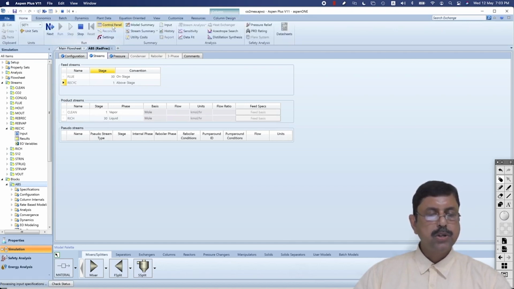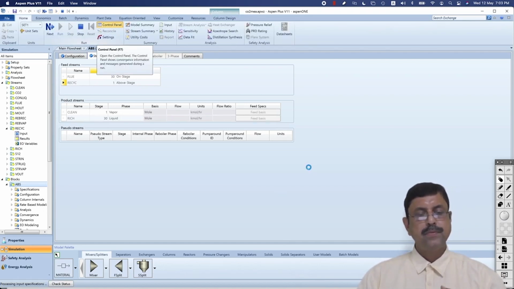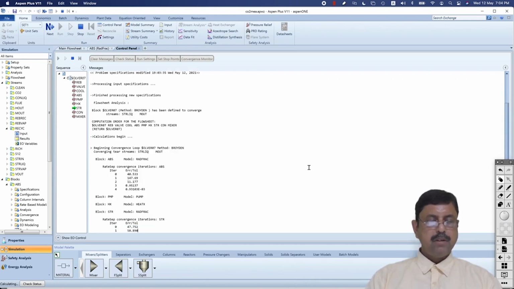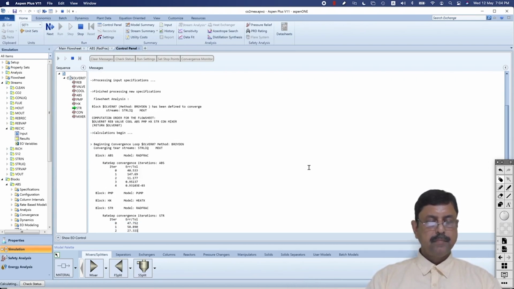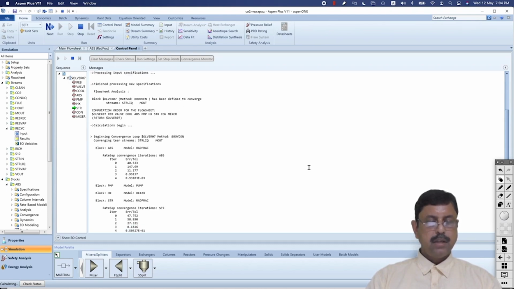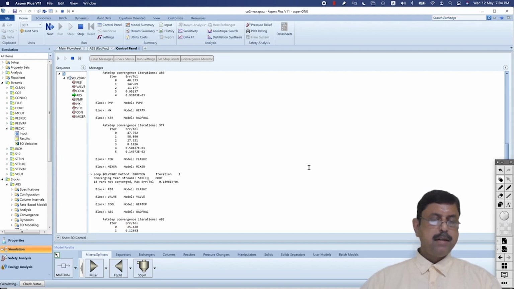So let us open the control panel. There will be a lot of changes in between. We'll just keep on observing. Okay, absorber converges. Stripper also getting converged. Yeah, it's a good sign. But iteration 1, it says 18 variables are not converged.